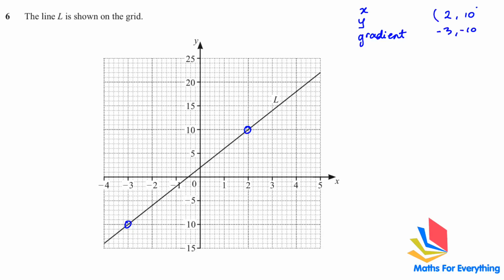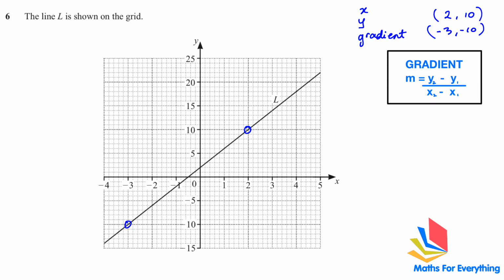After you choose the points, we'll find the gradient by using this formula, m is equal to y2 minus y1 over x2 minus x1. If I'm using this as my x2 and y2, this will be my x1 and y1.